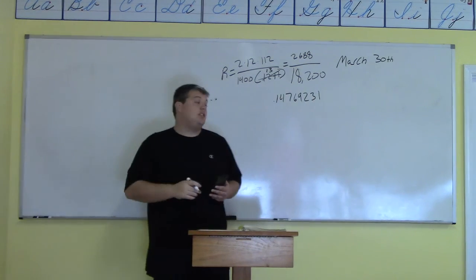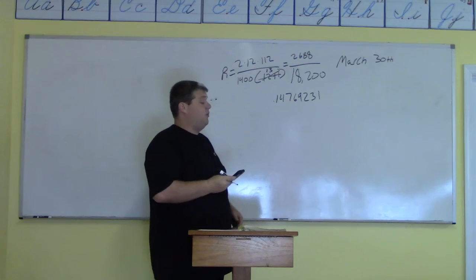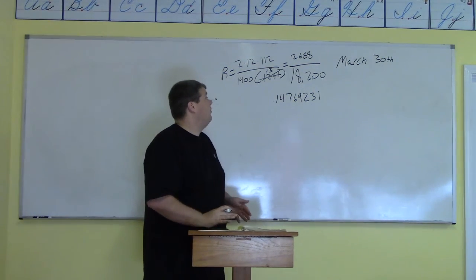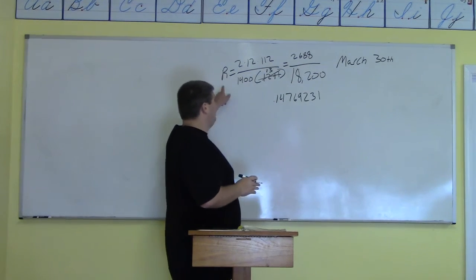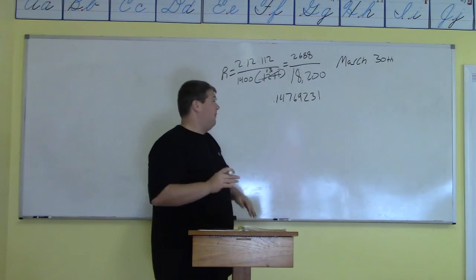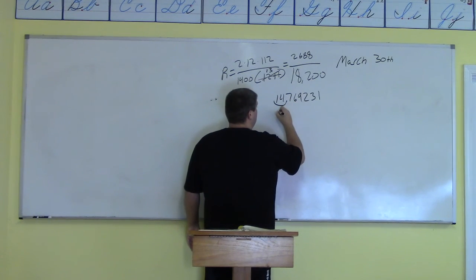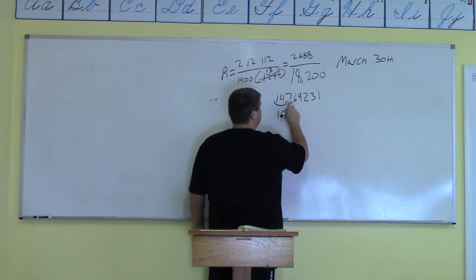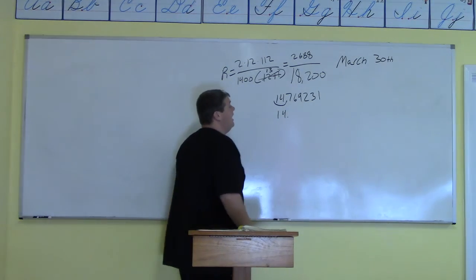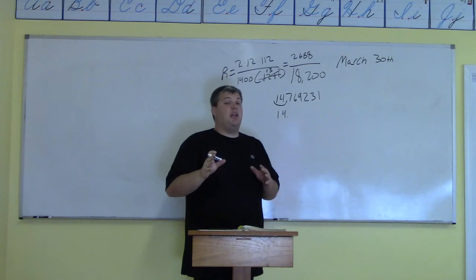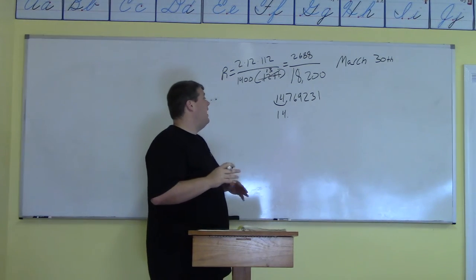So you guys should have this number in your calculator when this is all said and done. Now, remember, this is in decimal form, and we're looking for R, which is a rate, which means it's a percent, right? So you should move your decimal point 2 places to the right, which gives you 14.769231.